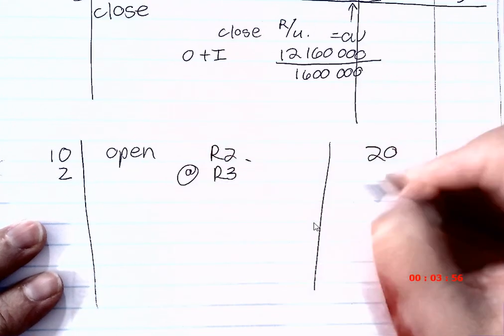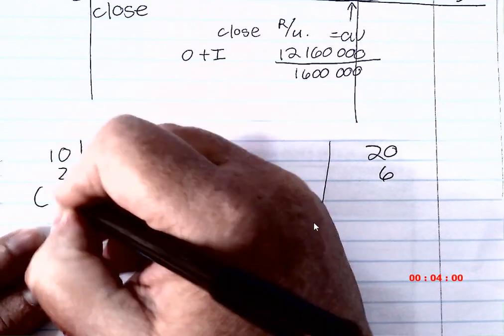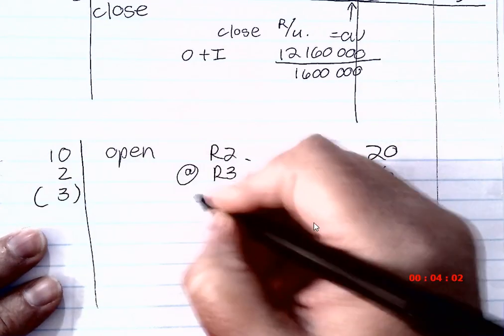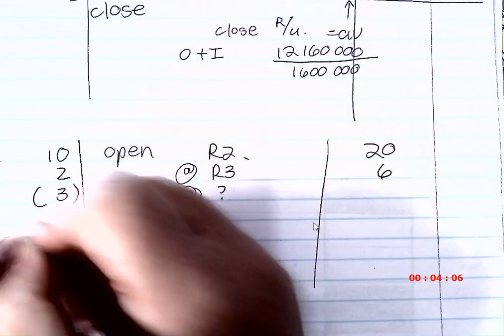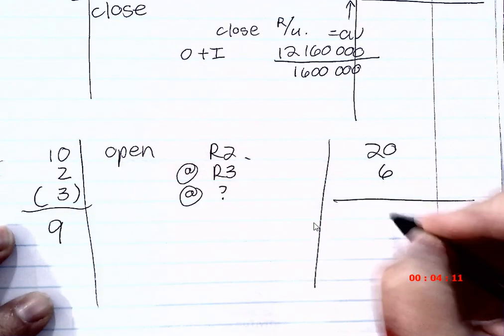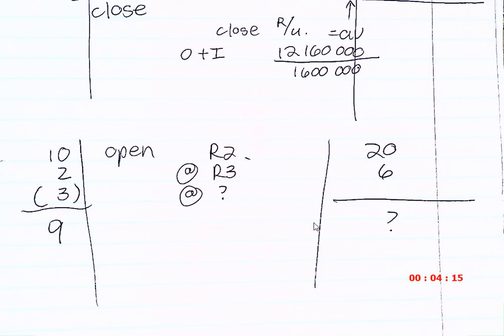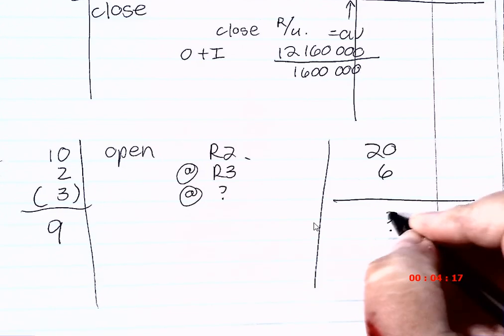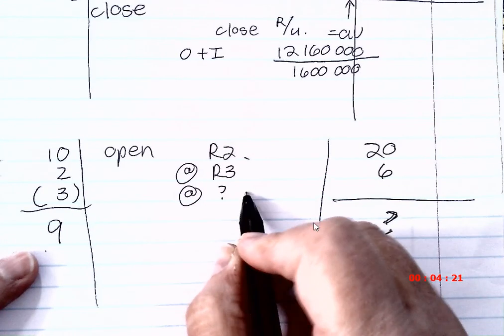Can you see that gives me 6? Okay, now I repurchase 3, but I don't know the average. And I know my closing here is going to be 9, but I don't know the rand value. So usually I can say this one here divided by 9 gives me the average.